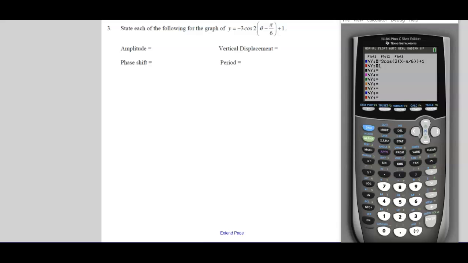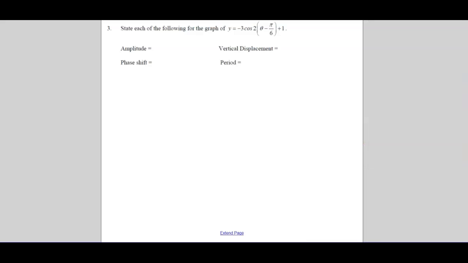Okay, so for that same graph, or same function, the amplitude is 3, phase shift, so these are the easy questions, right?